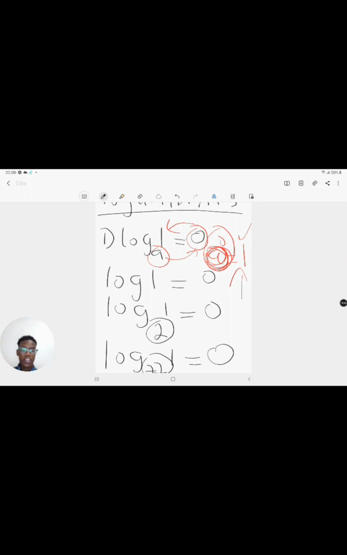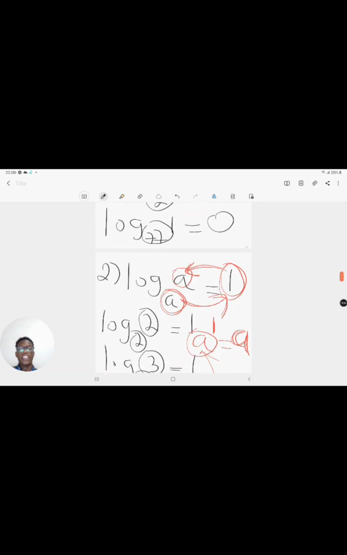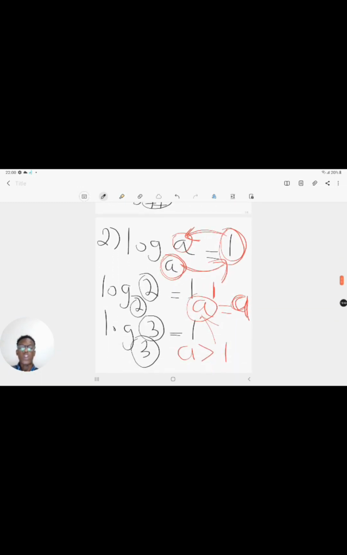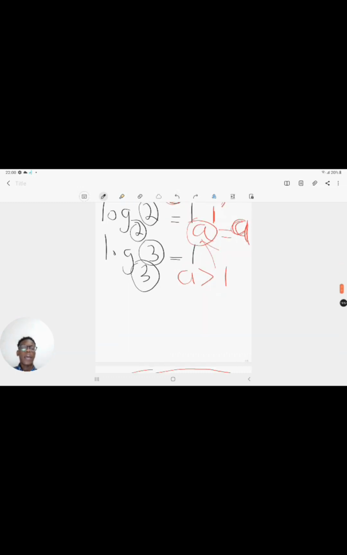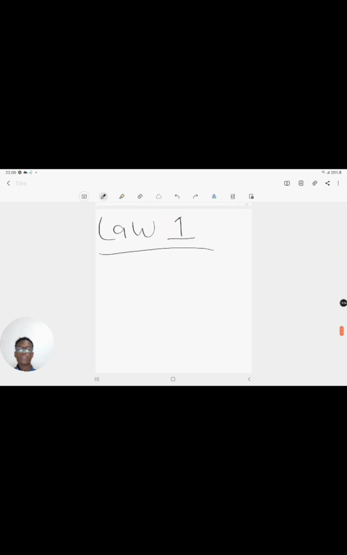Anything to the power of 0 is 1. It's an axiom, just something that we accept in order to make life easy for ourselves in mathematics. Okay, now we actually get to the laws, what I'll call the laws of logarithms, which is the whole point of this video.